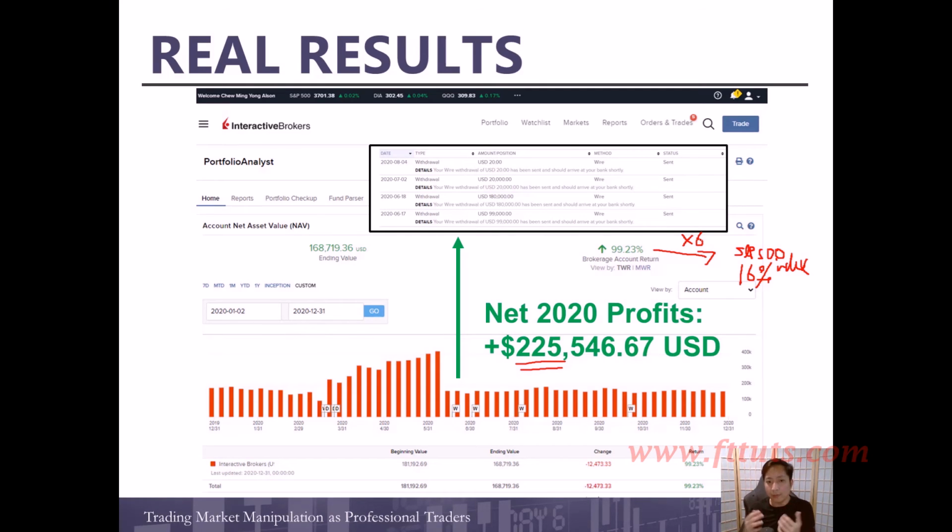Every year I aim to outperform the S&P 500 minimally at least 2-3 times, so I set a very achievable target. And I made a lot of money using all the strategies that I teach my students, not just in stocks, but in forex, futures, and also trading cryptocurrency over the years.